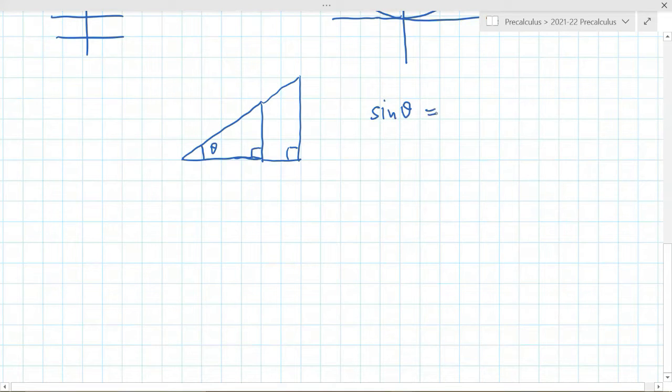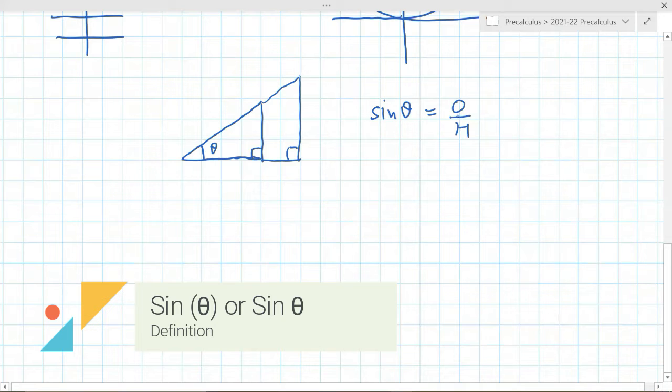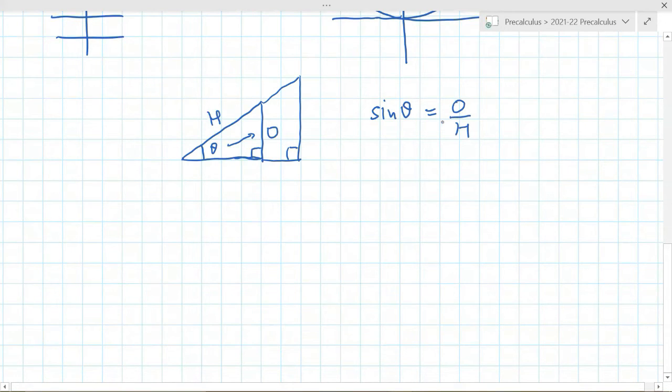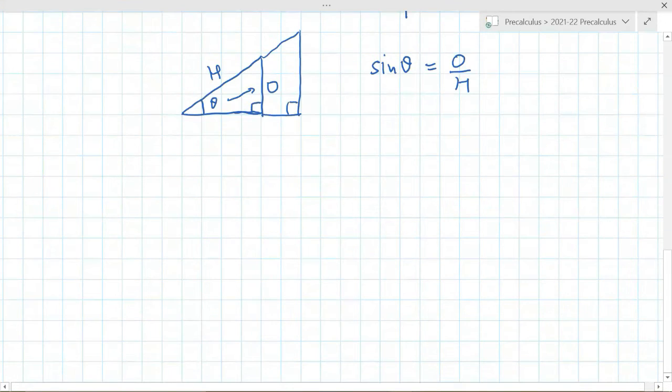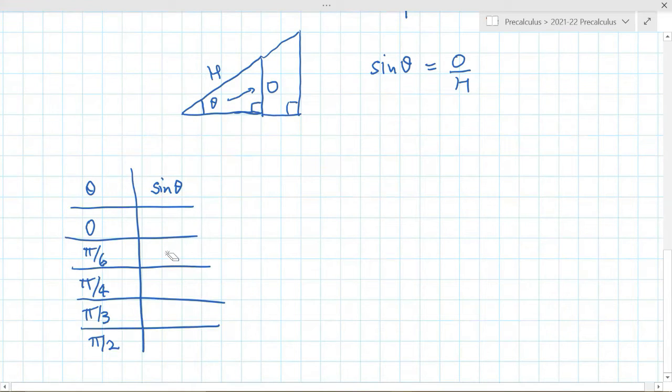We defined sine theta to be opposite over hypotenuse. The opposite, that's the hypotenuse. Right? And we already know these ratios for some angles, right? These are the special angles we have studied. So root over 2, root over 2, root over 2, and root over 2.